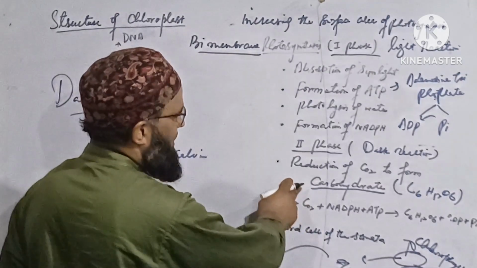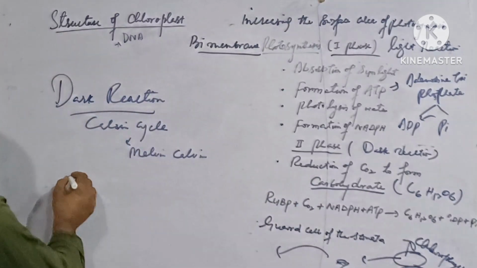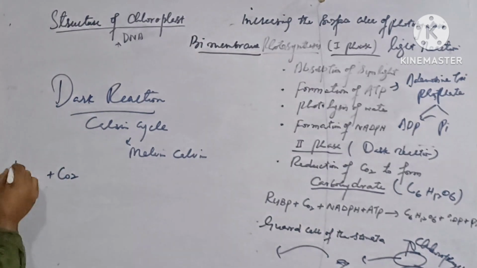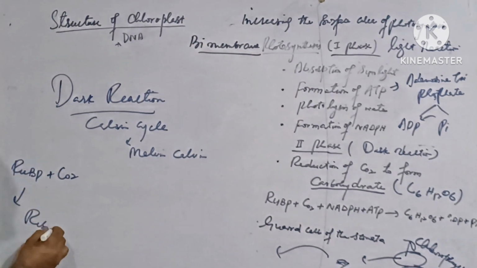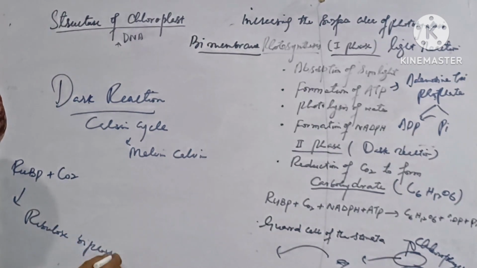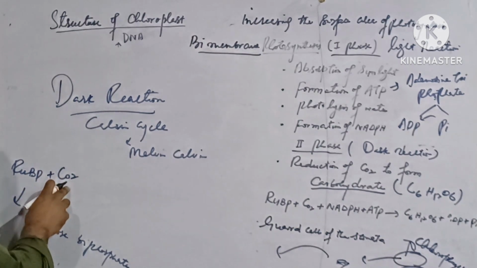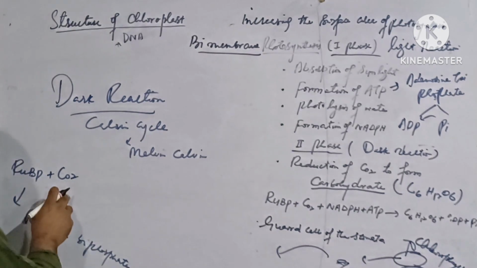How does carbohydrate formation take place? Here carbon dioxide reacts first of all with RuBP, that is called ribulose bisphosphate. It is an enzyme which combines with the carbon dioxide, and it helps in the reduction of the carbon dioxide.